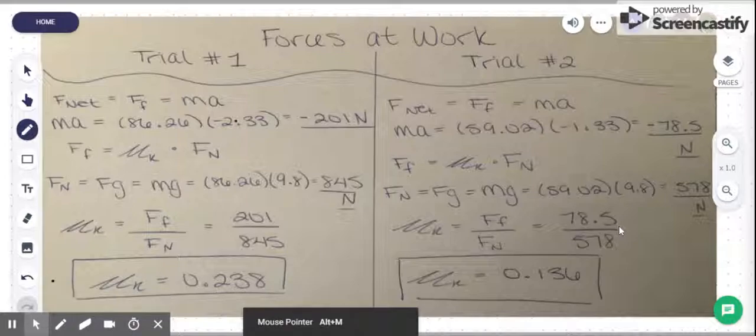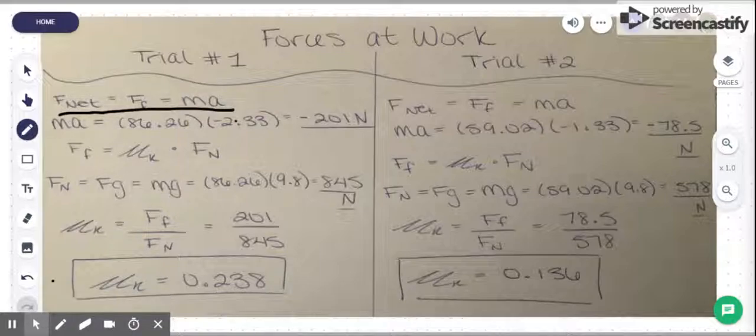Going back to trial 1 and referring to Newton's second law of motion, we found Pat's frictional force using his total mass of 86.26 kilograms and multiplying it by his acceleration of negative 2.33 meters per second squared, resulting in negative 201 newtons.